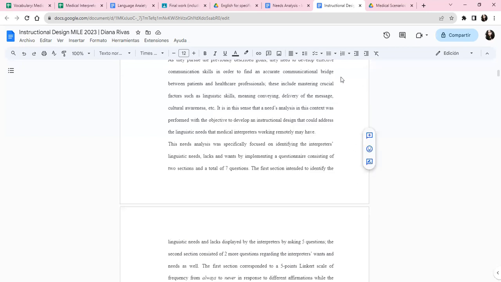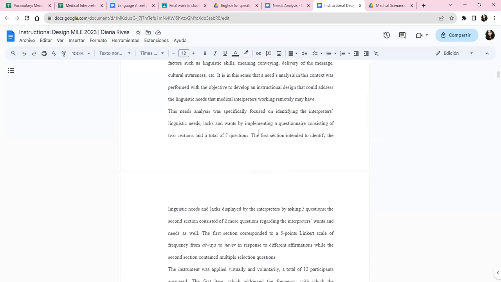But mostly you need to be able to speak, to listen, and of course you need to be able to translate from one language to another very quickly. You need to do it right away.